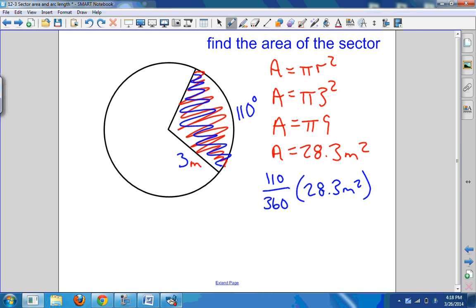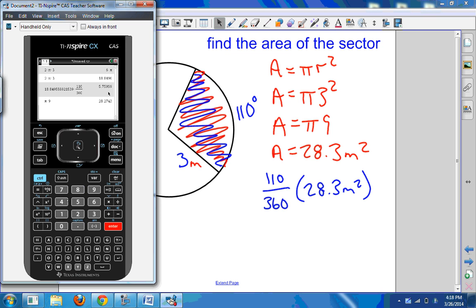All right, so once again, I'm going to put a fraction in here, 110 over 360, and that is equal to 8.64.